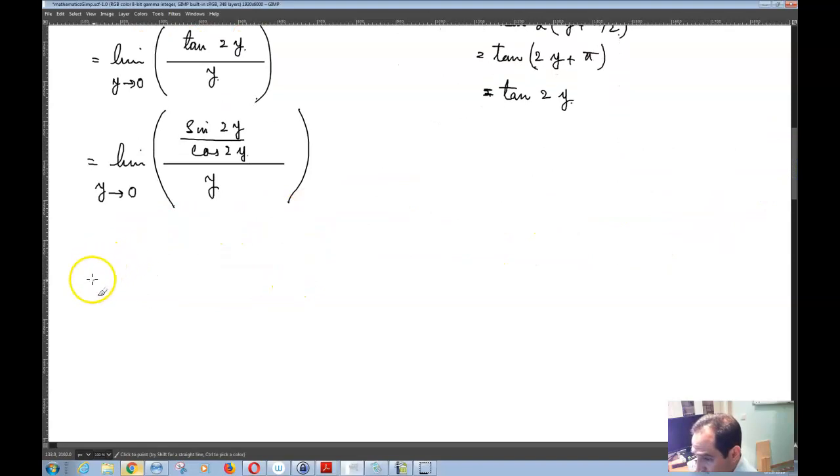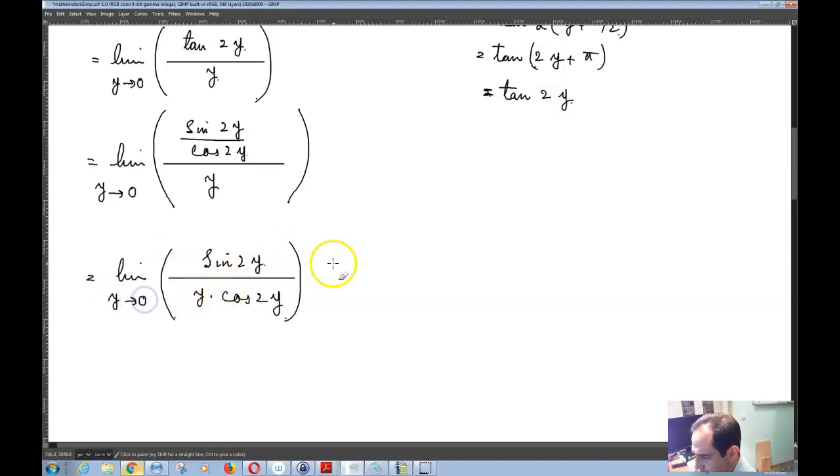And then I can write this as the limit of sine 2y over y times cos 2y as y tends to 0, and so that means I can write this as sine 2y divided by y times 1 over cos 2y.